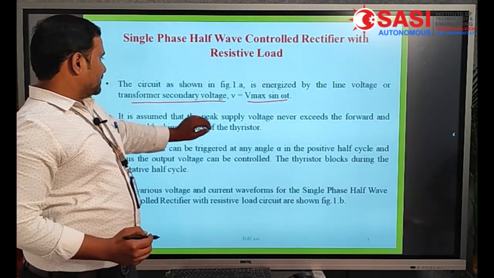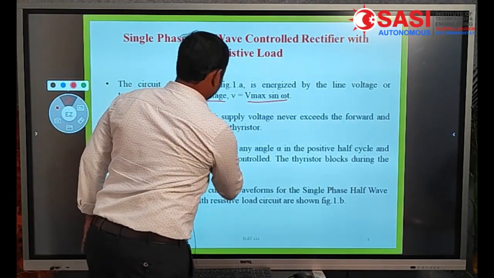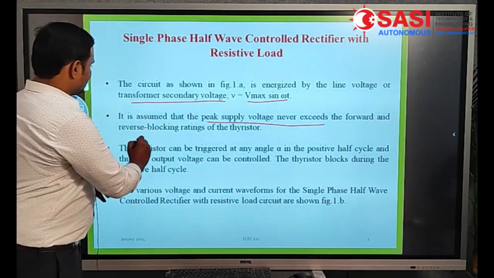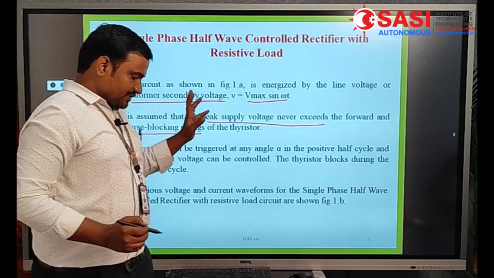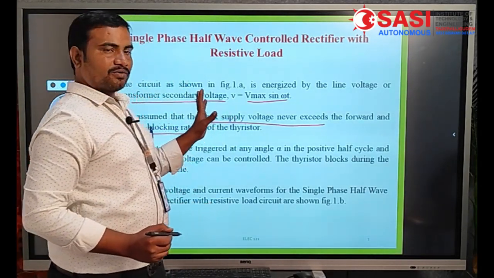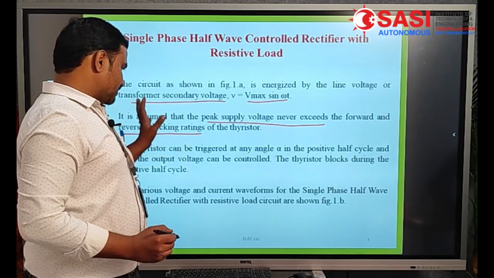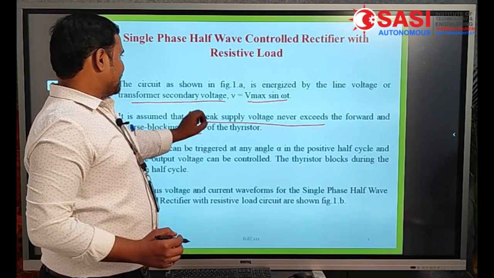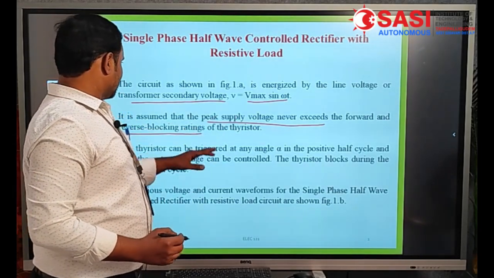It is assumed that the supply peak voltage never exceeds the forward and reverse blocking ratings of the thyristors. The thyristors used in the half wave controlled rectifier have some limitations, so we have to follow them and not exceed the supply voltage in forward and reverse bias.